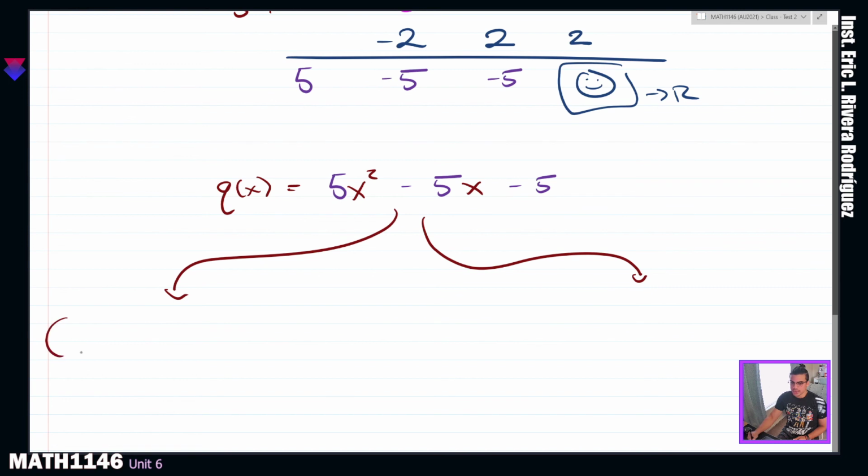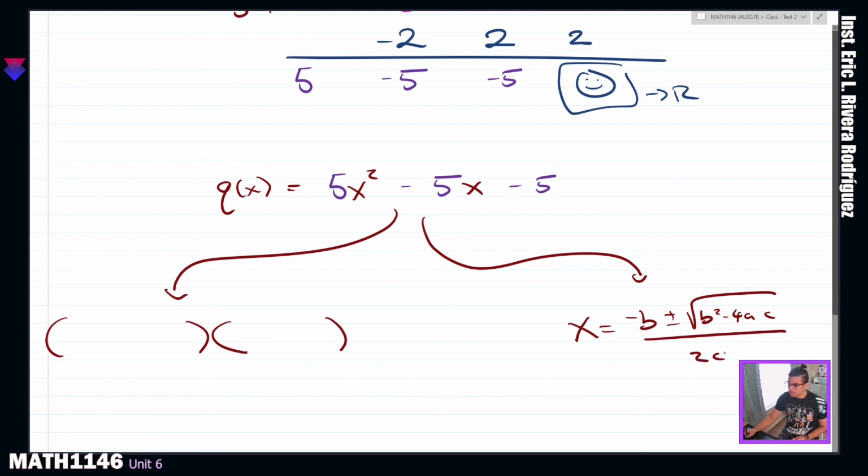We could find, if possible, by force, those two linear factors, or we can use our famous quadratic equation to get those zeros.